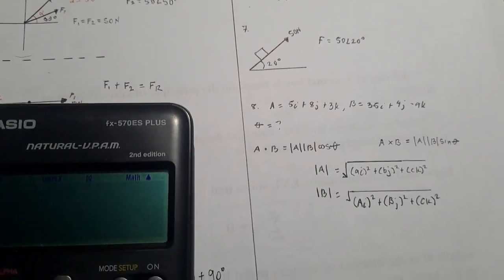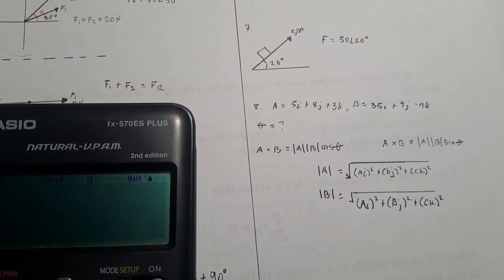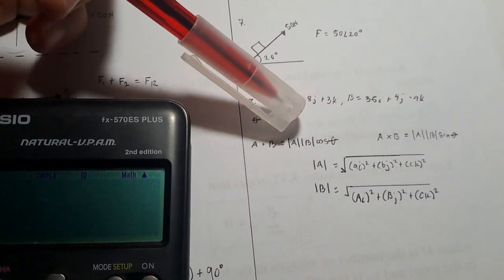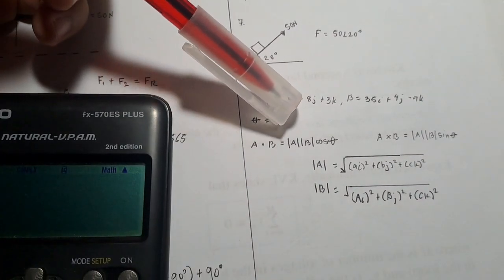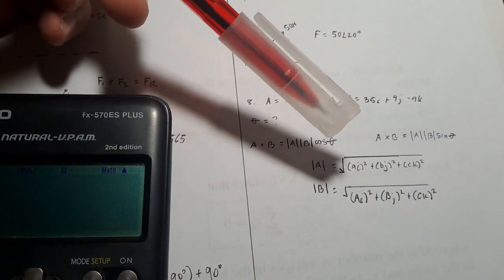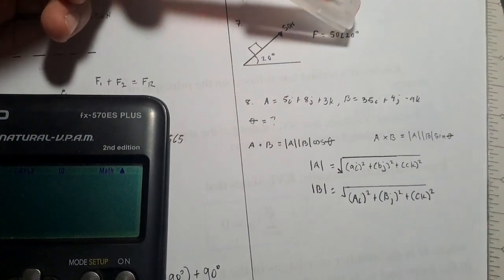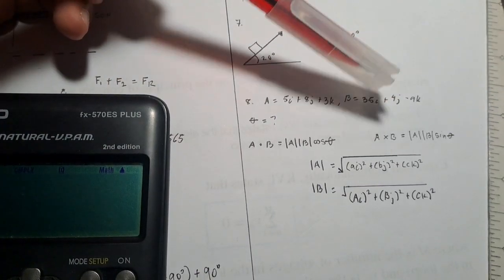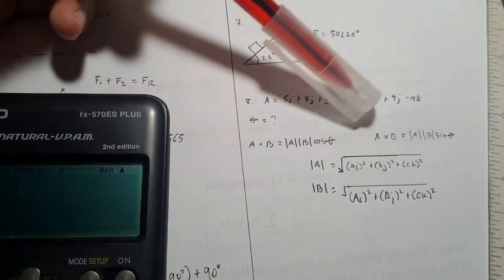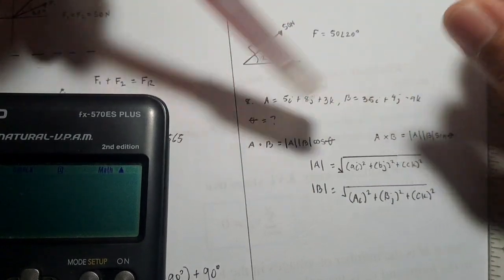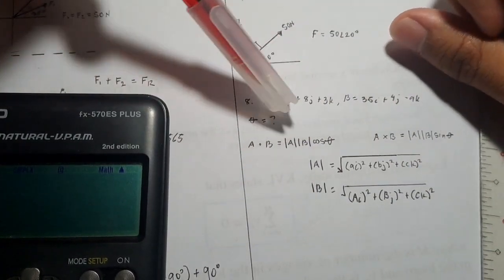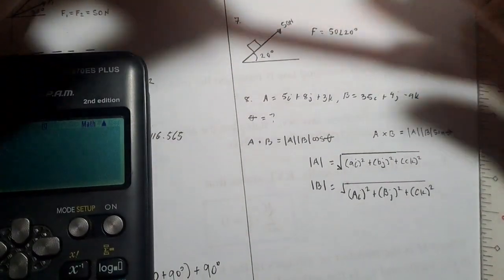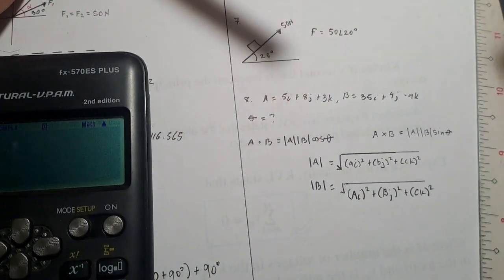So yung angle, you can solve it in two methods, which is a dot b equals magnitude of a and magnitude of b cosine theta. You can also get our angle at a cross b is equal to magnitude ng a times magnitude ng b sine theta. So we can get our angle at any method. So yung magnitude niya is resultant lang.